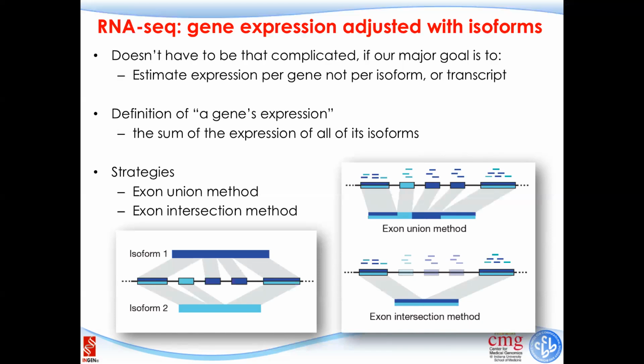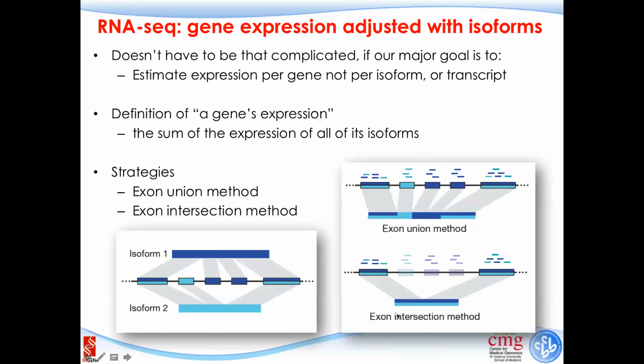So we will see one example later. But here we have two kinds of rules to adjust the gene expression with isoform structure. The first is the exon union method. The second one is the exon intersection method. Exon union method means if we know there are two alternative splicing isoforms, we count all the counts together and divide by the total gene length.